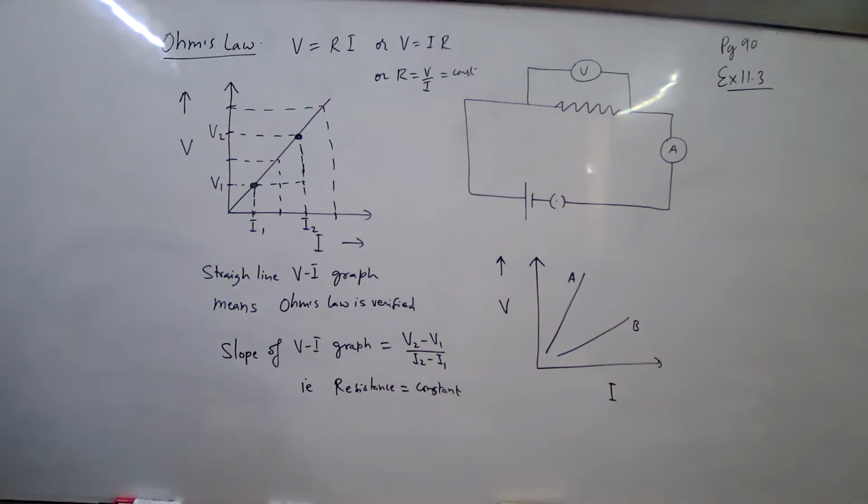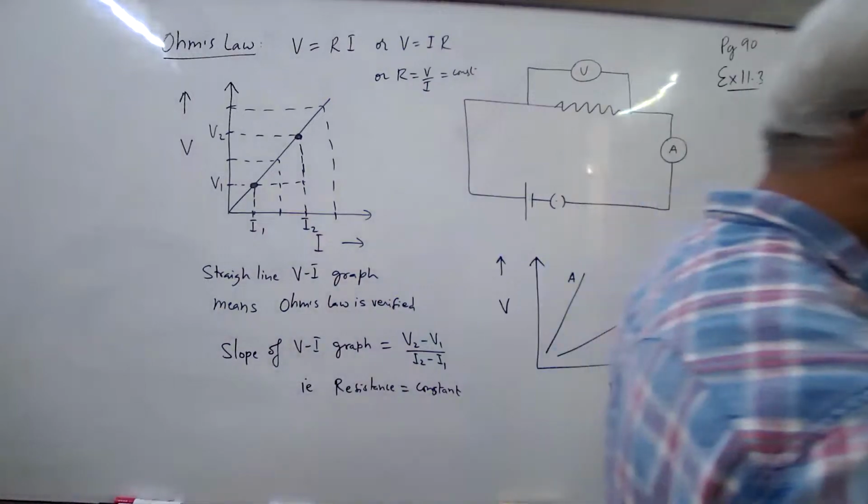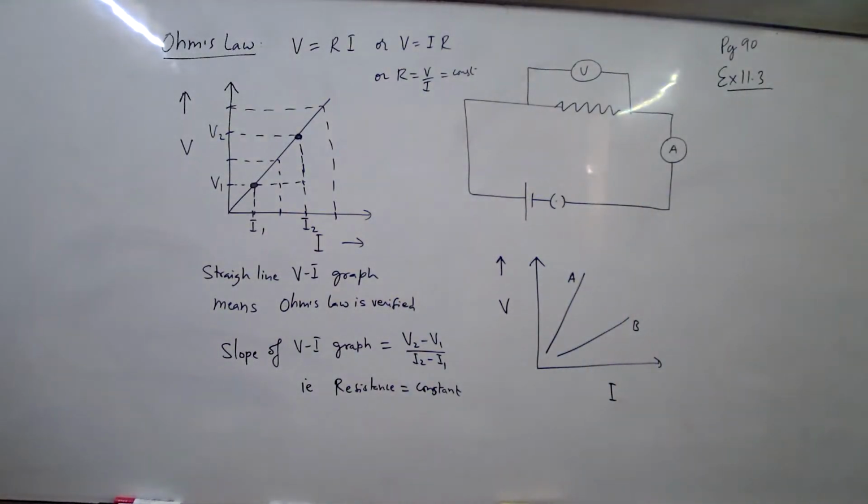So what is given in the question? How much current will flow? What is given here? Potential difference between the terminals, 60 V. Go ahead, discuss. Page number 90.